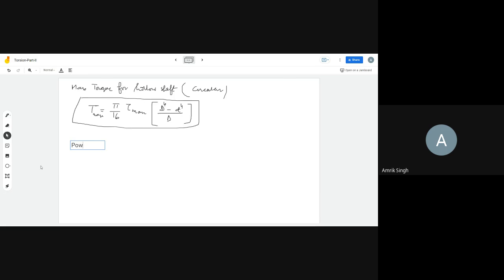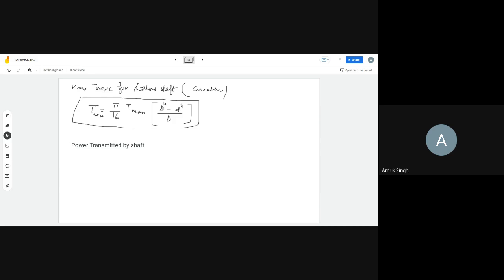Let us see how we can calculate this power transmitted by the shaft.